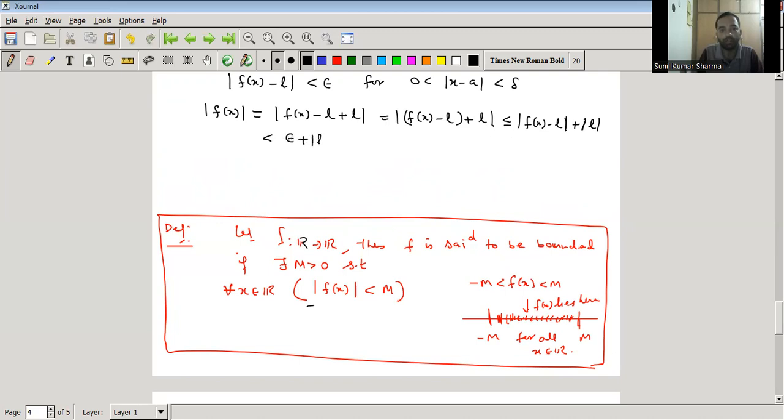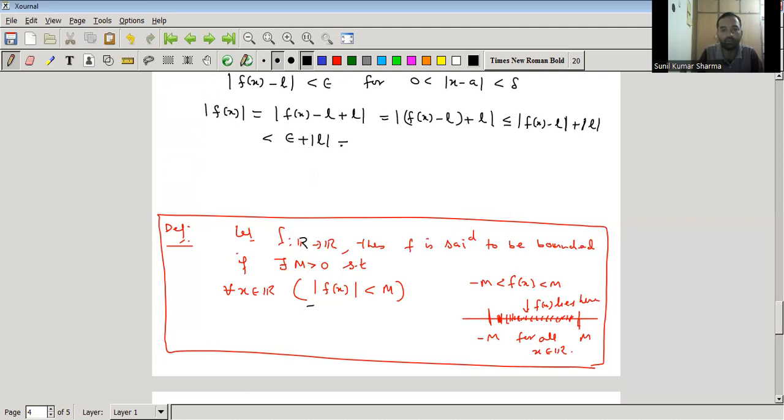plus mod L. Because epsilon greater than 0, this is a positive number, and mod always gives us a positive or non-negative number. If L is 0, then mod of L equals 0, but 0 plus epsilon is greater than 0. This whole term gives us a positive real number.